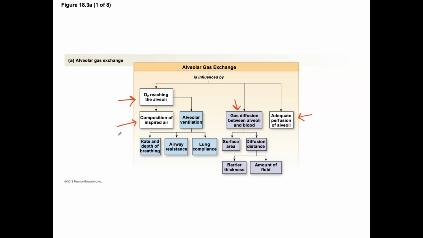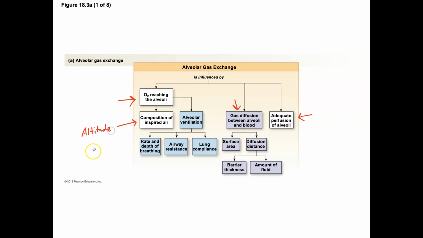If there was a decrease in the partial pressure of oxygen that we're breathing, that means there's going to be less oxygen available to our blood. So inspired air that has lower partial pressures of oxygen results in less oxygen reaching our blood, and we would experience hypoxia. A great example of this would just be looking at altitude.